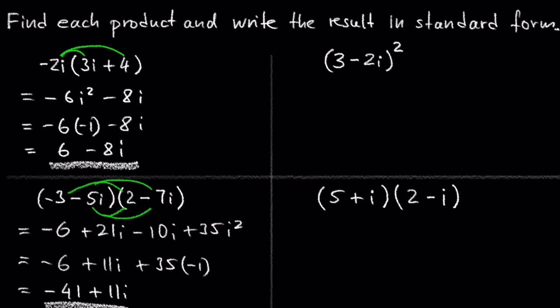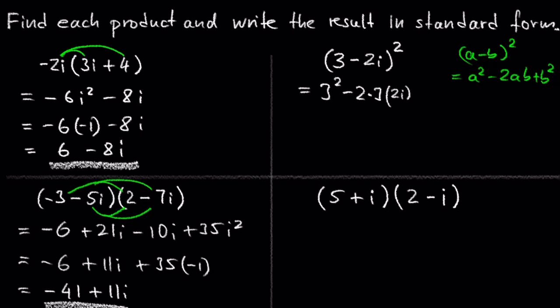Let's look at 3 minus 2i in parentheses squared. It has the form a minus b in parentheses squared, which is a squared minus 2ab plus b squared. So we get 3 squared minus 2 times 3 times 2i plus 2i squared. 3 squared is 9.